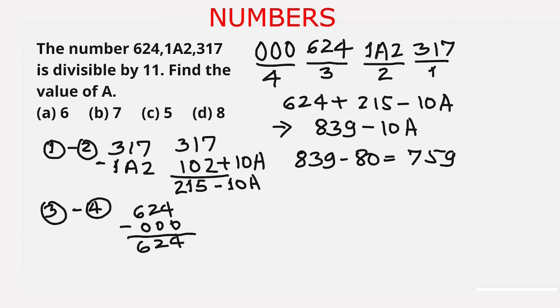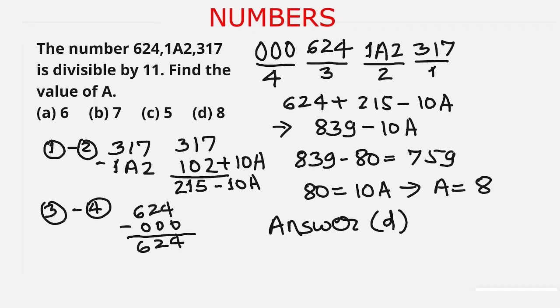We carry 9, and 11 times 9 is 99. So 759 is divisible by 11. Thus 80 is equal to 10A. This gives A equal to 8. And from the given options, our answer is option D, 8.